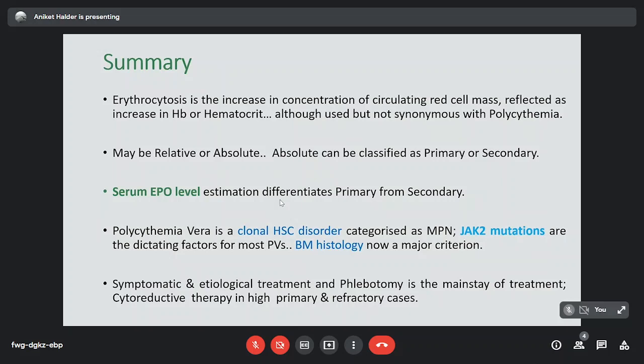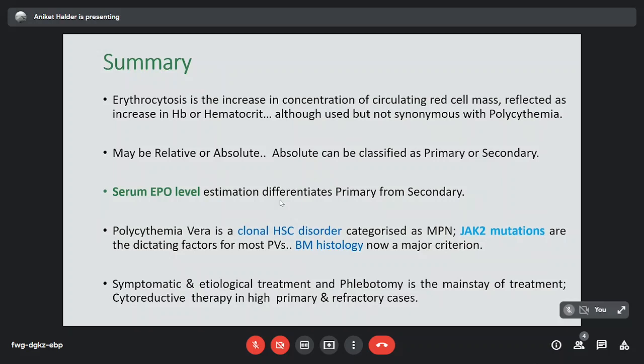Bone marrow histology is a very important criterion and is now included in the major criteria, where we can find trilineage hyperplasia with panmyelosis, with increase in erythrocytic, granulocytic, as well as megakaryocytic lineages, and presence of pleomorphic mature megakaryocytes, but megakaryocytic atypia will be lacking.